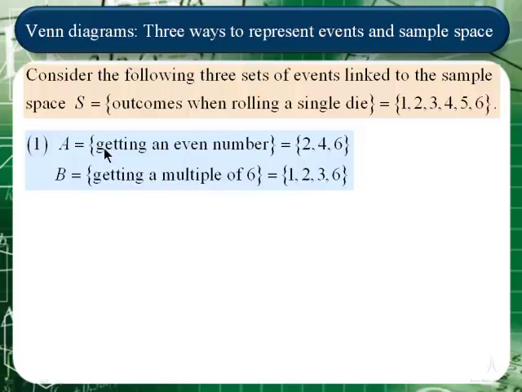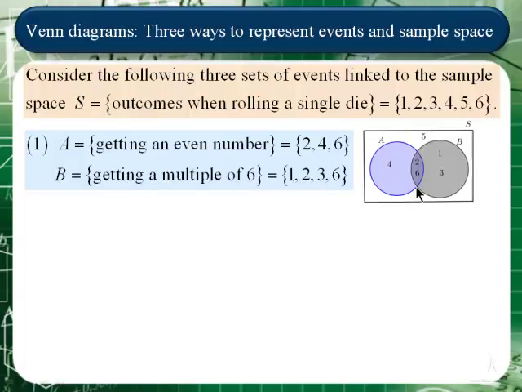Let A be the event of getting an even number, and therefore it's the subset containing the outcomes 2, 4, and 6, while B, the event getting a multiple of 6, and that is the subset containing the outcomes 1, 2, 3, and 6.